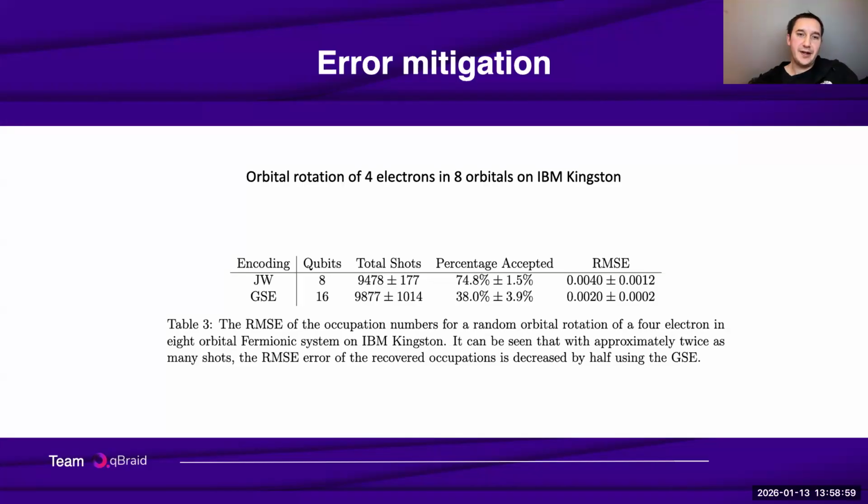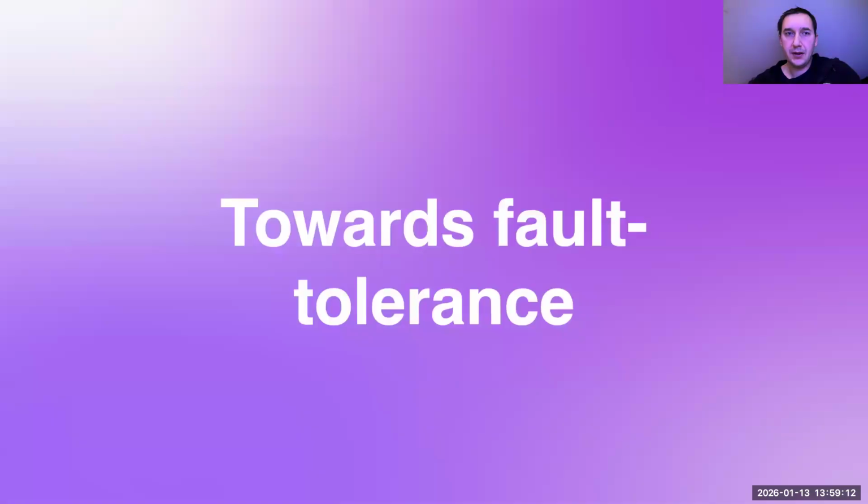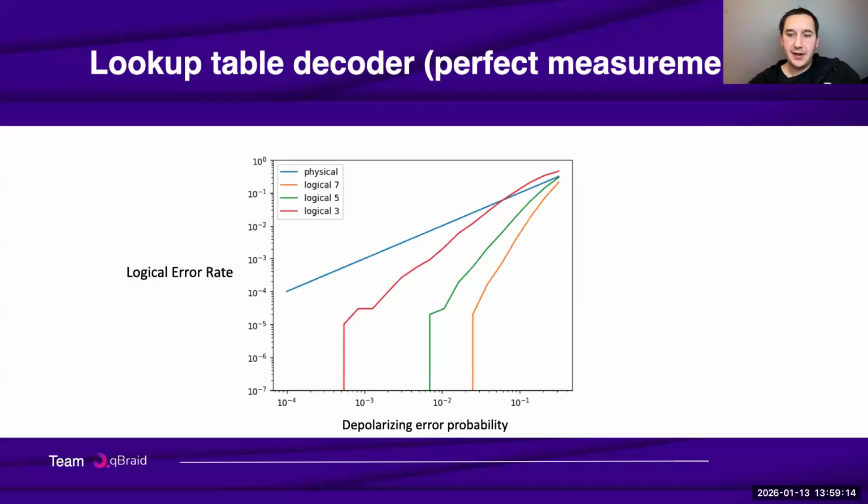But what you got out of that is the root mean square error of the state you obtained was about twice as good as with Jordan-Wigner, even though you used about twice as many gates. So that's useful as mitigation.